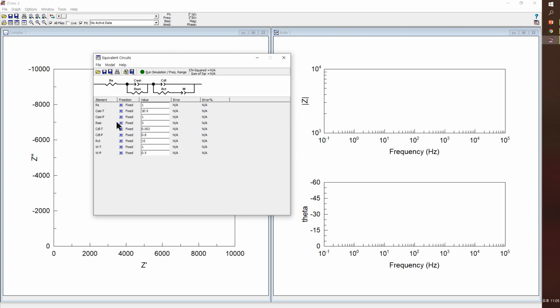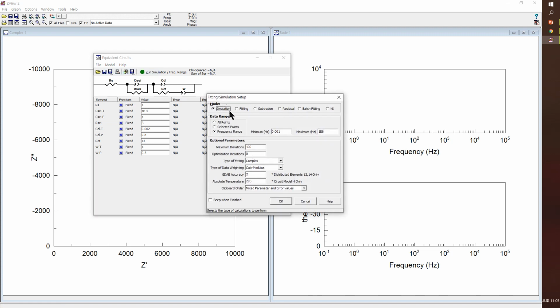There is no freedom for each parameter, and this button is saying run simulation with frequency range. Then let me check what kind of ranges are set up there. The option is here. Edit in the model menu. Edit fit parameters.